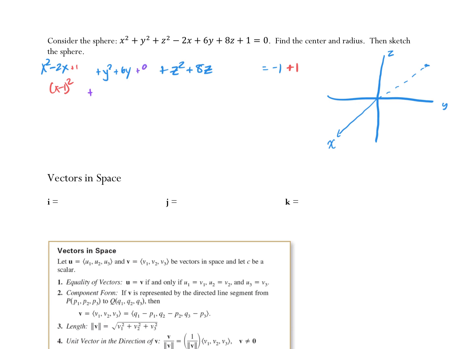We would need a 9. And if I add 9, guys, what does that factor out to? What's being squared? Y plus 3, okay. And then, what do the z's need? 16.